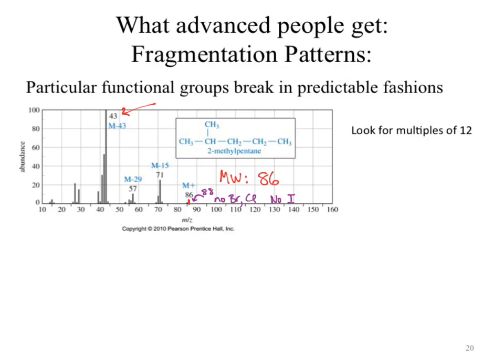Okay. There is one extra step that we could go through and do. What's that one extra step? We could try and come up with a formula, which could be very helpful on a straight multiple choice for mass spec. So what do we do? Take our weight. Why do we divide by carbon? So we can get the number of carbons. Why would there be carbons present? It's organic chemistry.